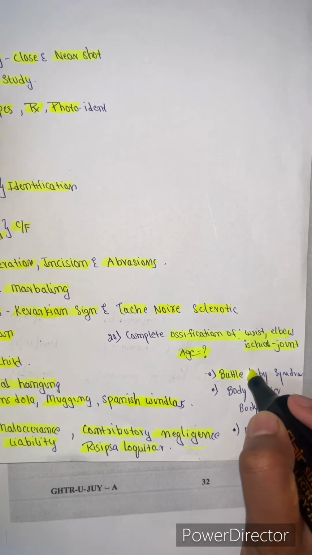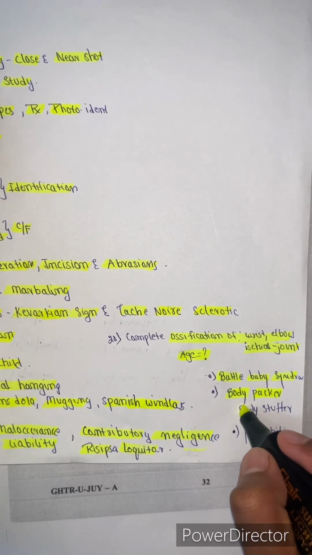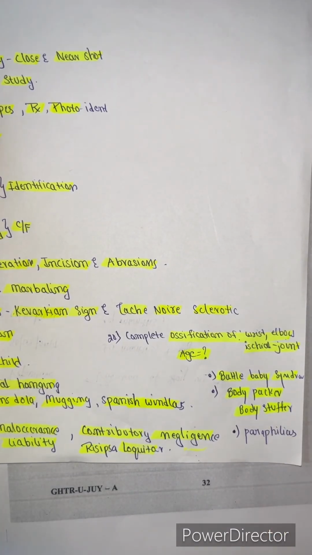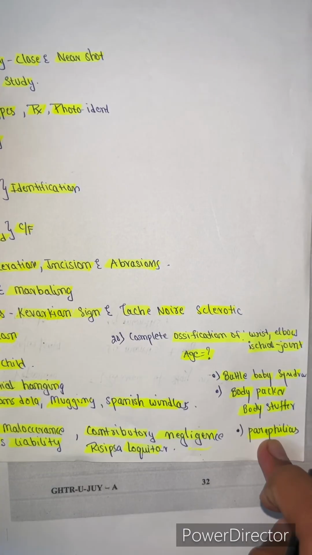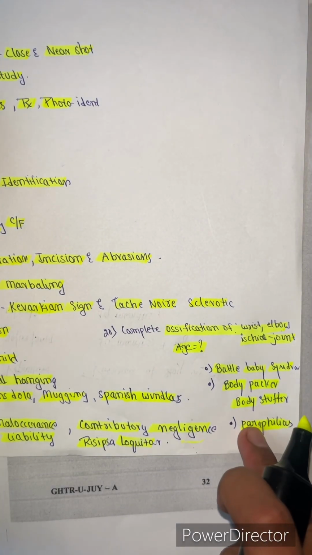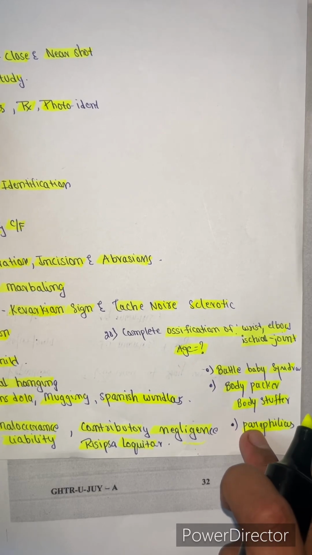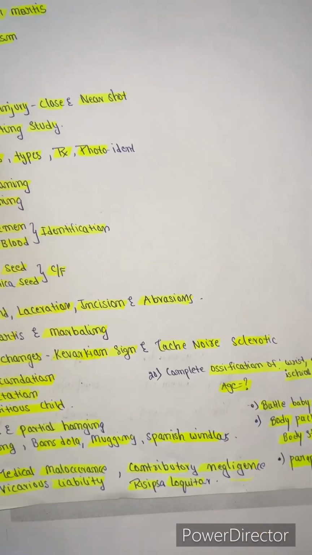Next, we have battered baby syndrome and body packer or body stuffer syndrome. Know about this also very well. And paraphilias at last is also very important. Know all the definitions of maybe sadism, masochism, fetishism, transvestism, and what is scoptophilia, bondage. Know about this also, which is very important.